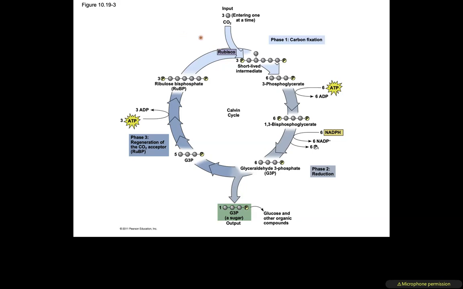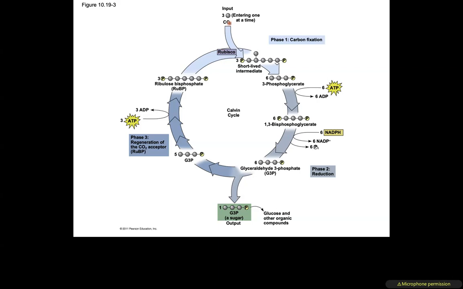So in this, as the CO2 comes into the cycle, there's a special enzyme called rubisco. Remember I told you that enzymes usually end in ACE? Well, if you look up the full name for rubisco, it is blah, blah, blah, blah, ACE. But they just call it rubisco, but it does have ACE. So rubisco is the enzyme that is going to receive those CO2 molecules.